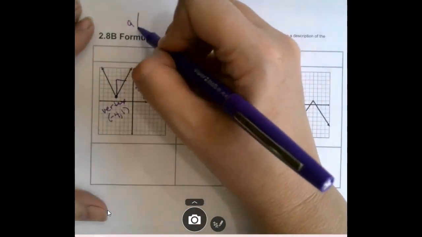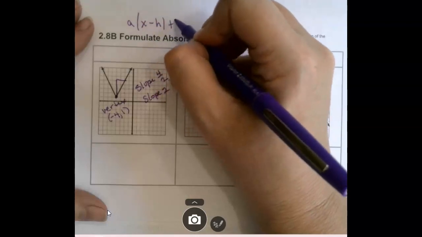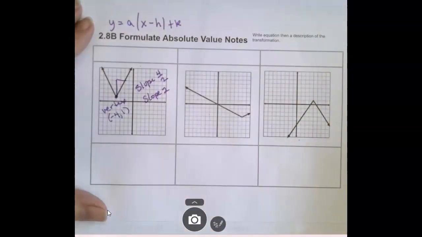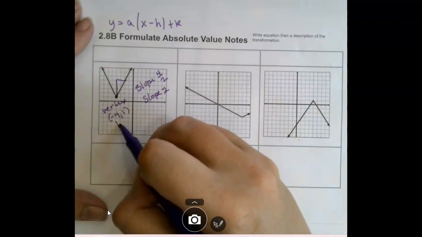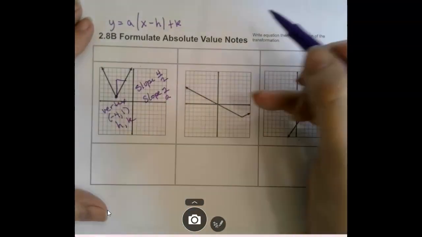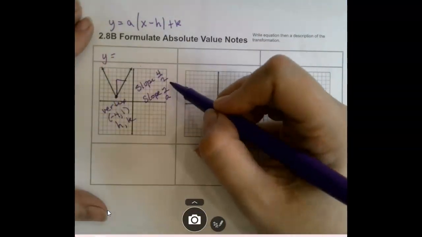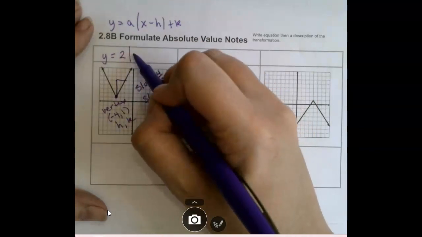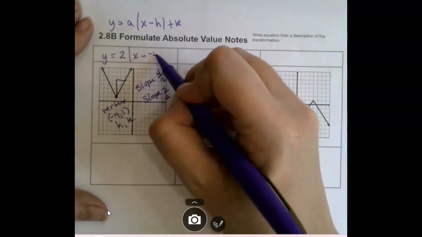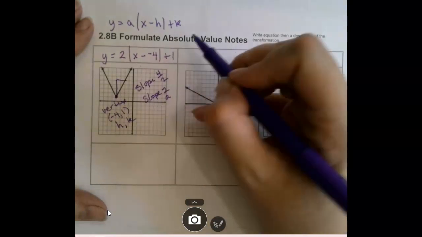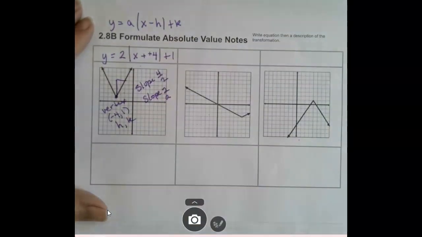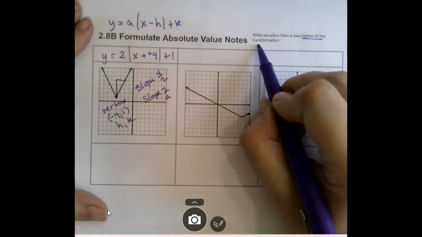So here's my formula again, a|x minus h| plus k. So this is h and k, and this is a. So I'm going to have y equals, a is 2, absolute value of x minus -4 plus 1. And I could change that to plus a positive. Now let's write our description of our transformation.